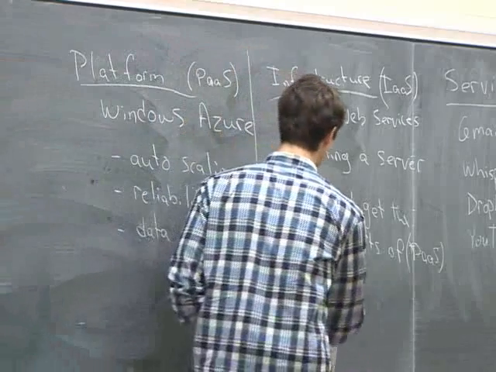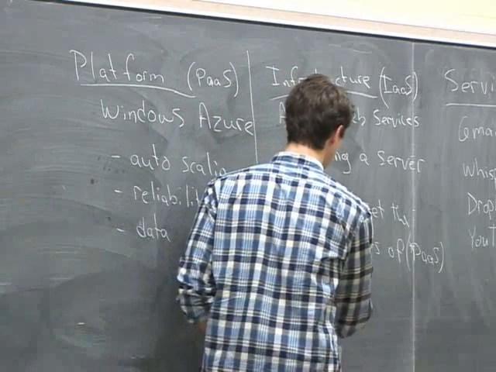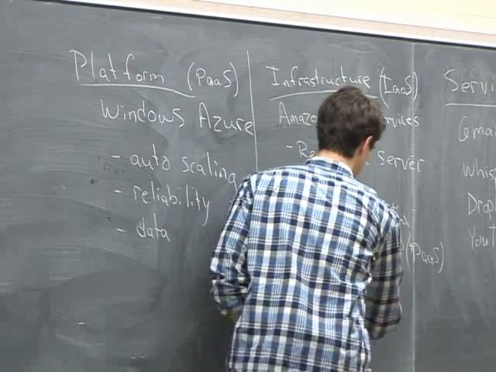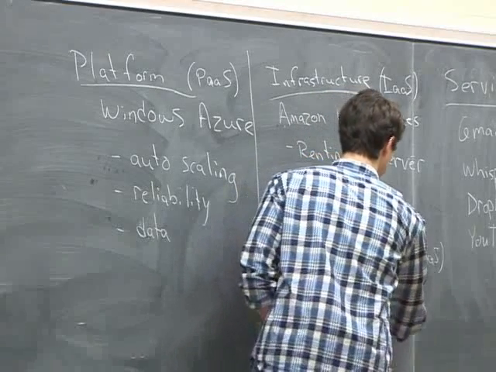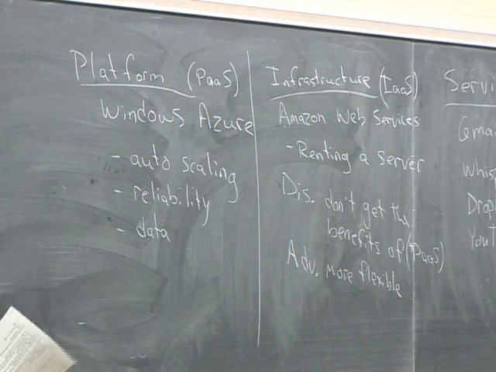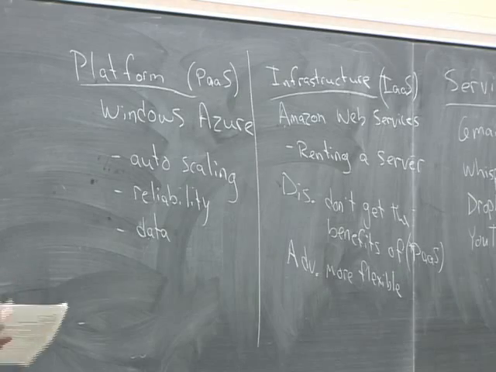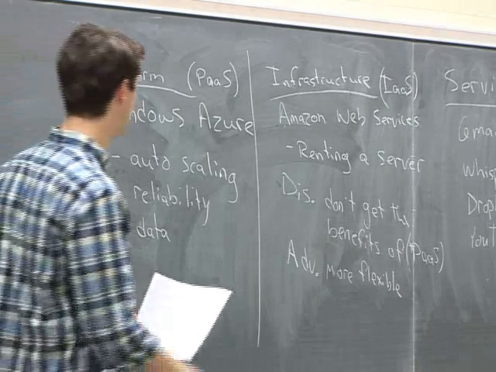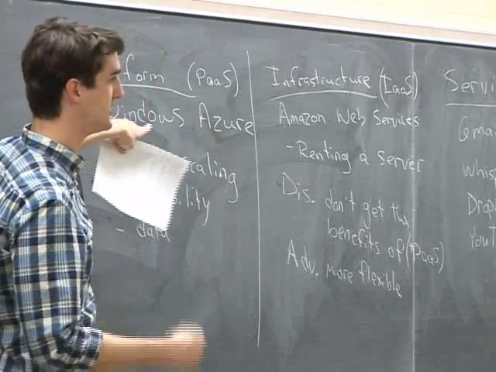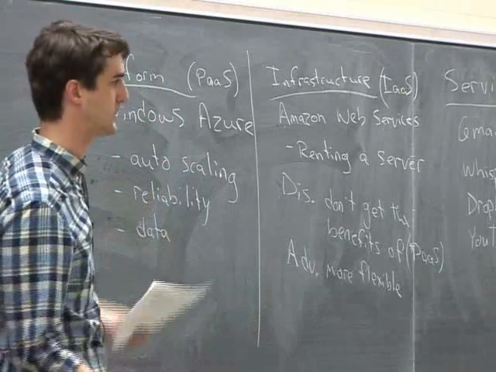There are no constrictions from the platform, so it's more flexible. You have a server, you can do whatever you want with it. Go ahead, have fun. Is Azure designed to run on your own hardware? No, this only runs in Microsoft's data centers.